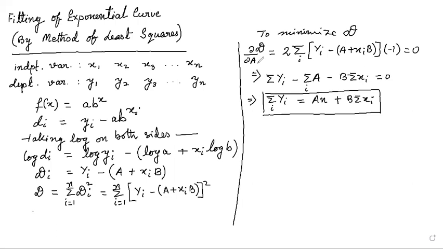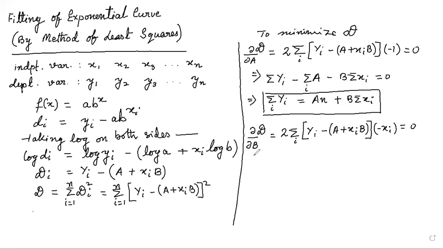Now we have differentiated D with respect to A. Now we are differentiating D with respect to B. So let us take another differentiation with another unknown part, that is B. Del B of capital D gives us 2 times summation over i, similar to the previous one, yi minus a plus xib, and since the coefficient of b is minus xi, so minus xi will come out and that will be equated to 0.